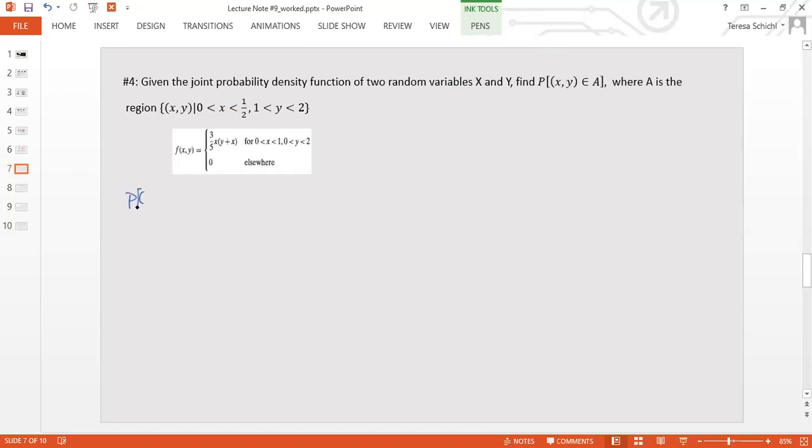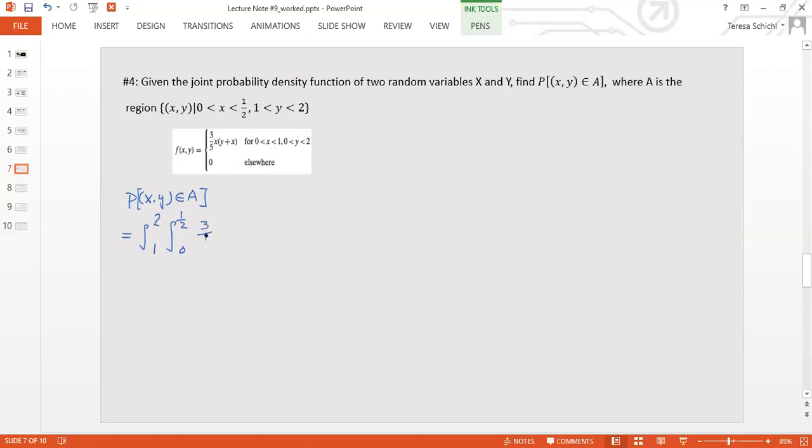So the probability that x and y belong to this region is, just like before, we integrate. Now I have 2 variables, so I need to do a double integration. x is from 0 to 1/2, so I put 0 to 1/2, then y is from 1 to 2, so I put 1 to 2.